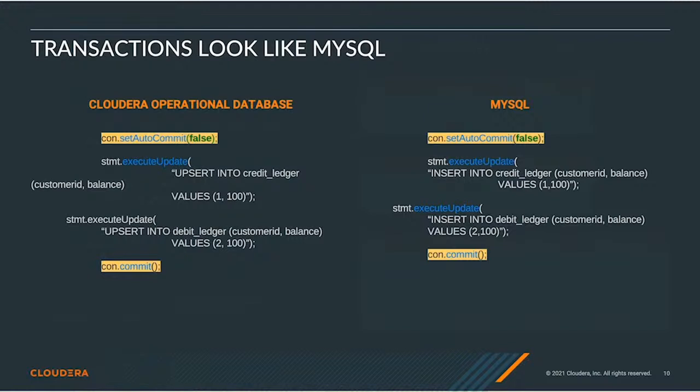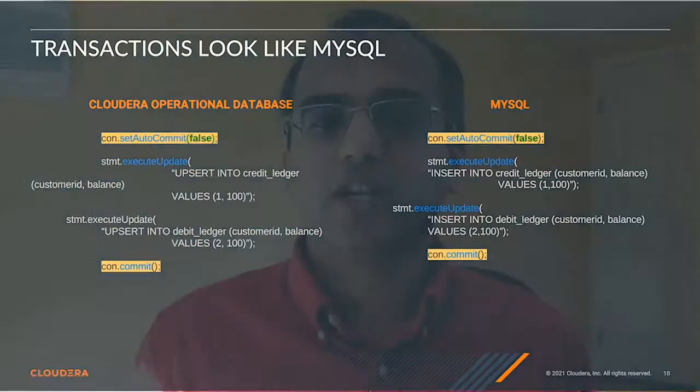If you turn auto commit to false, then any number of statements won't be executed until the commit statement is executed. And at that point, all of those queries are done transactionally and atomically. It's the same, whether you're coming from MySQL or Postgres into Operational Database, the semantics are the same, the way they work is simply the same.